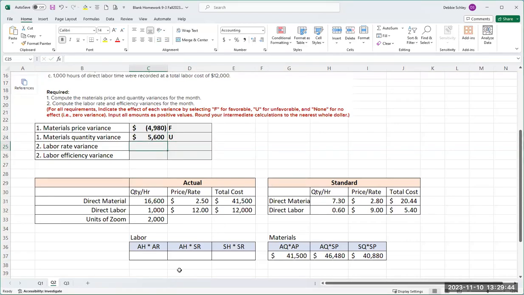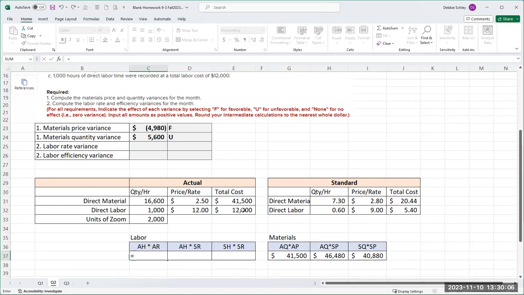Okay, now we're going to talk about labor. We are required to compute the labor rate and efficiency variances for the month. So again, actual hours times actual rates.